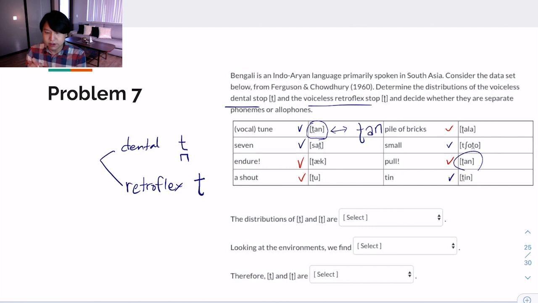Yeah, it's here. So without even looking at the other part of the data, we already found a minimal pair of these two T's, the vocal tune and pull. So the distribution of these two T's is contrastive, not complementary.